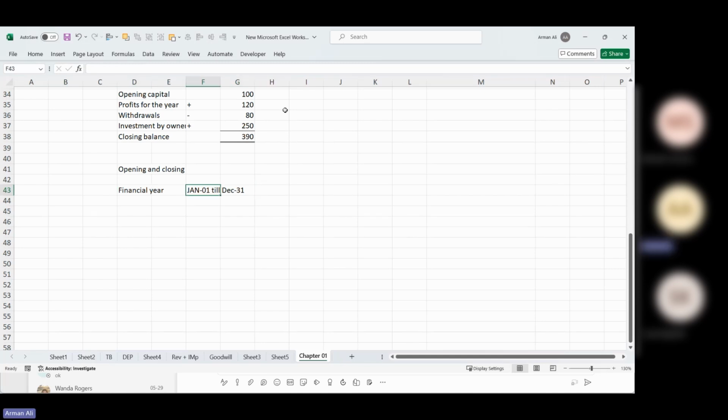So the regular financial year is January 1st till December 31st. So let's take a date, 01-01-2023. This would be my opening, and my closing is on the 31st of December 2023.